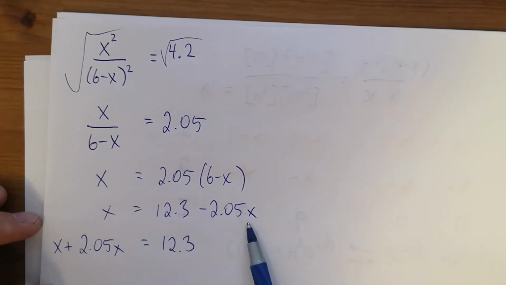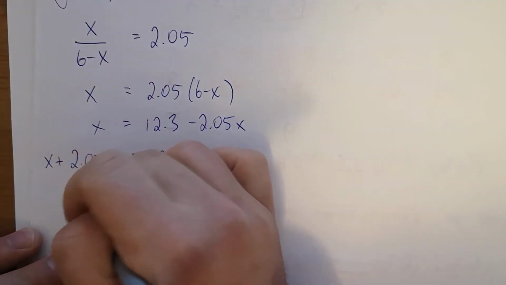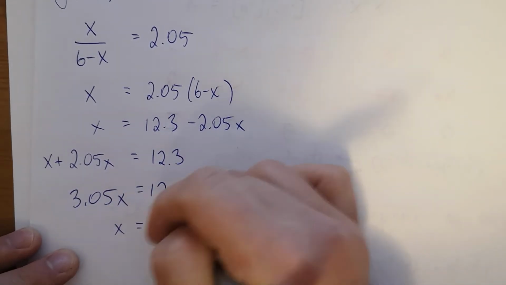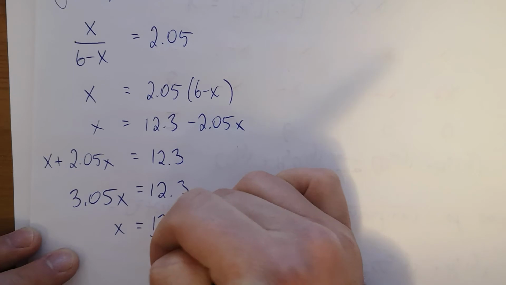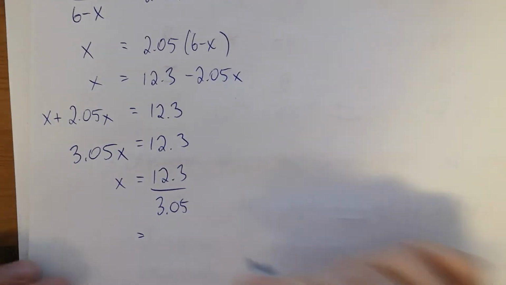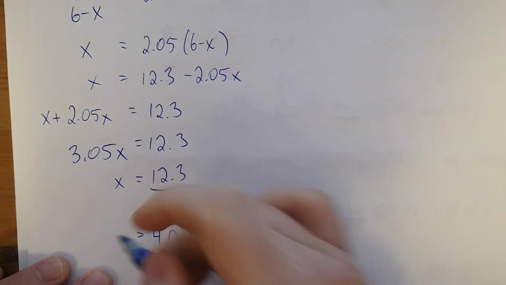Okay, subtract it times x. Now I'm bringing this term over here. These guys get together. And then divide. Okay, I get 4.03. That's what x equals.